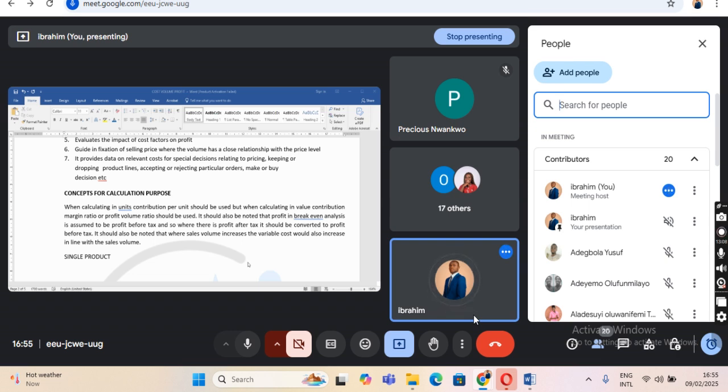But when you are given two products, let's say product A, product B, which means that it is a multiple what? Product. When you are given more than one product, it becomes what? A multiple product. Now, single product has its own formula. Multiple products have their own formula. They are similar, but the difference is just the weighted average.